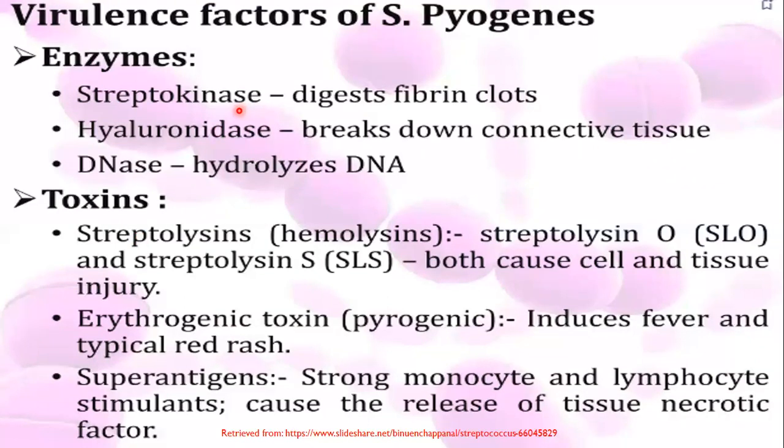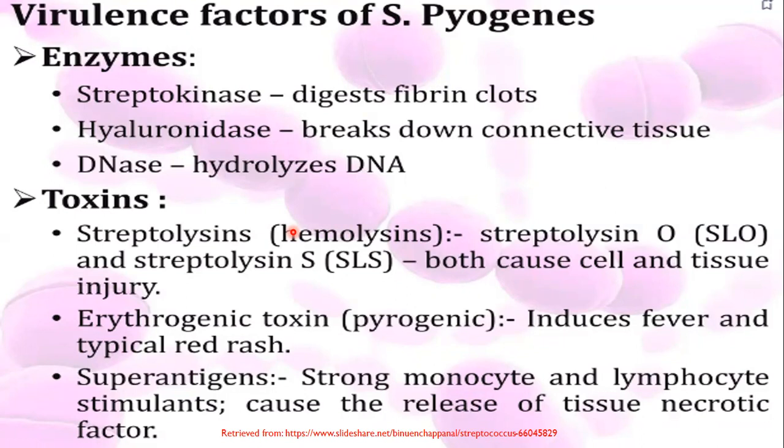Streptokinase, hyaluronidase, and DNase, with emphasis on the following. So we have your streptolysins. These are actually hemolysins, meaning these are the substances responsible for the beta hemolytic reaction when grown in blood culture media or blood agar.